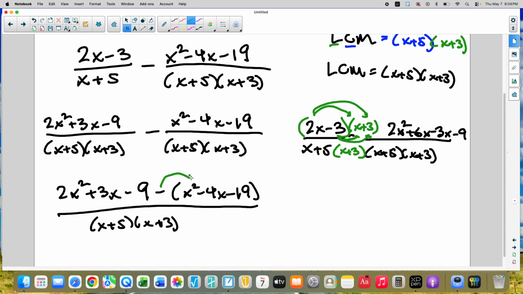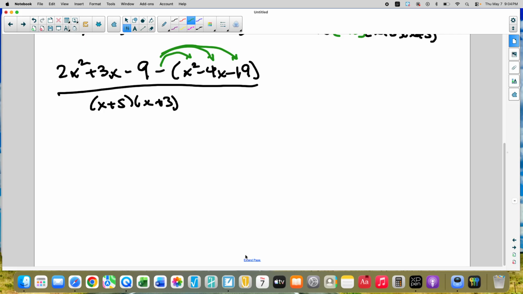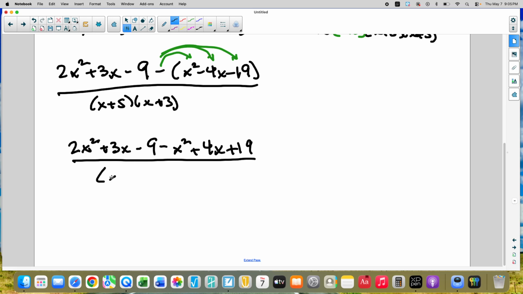This negative goes to each of these. So let's rewrite this. This is 2x squared plus 3x minus 9 minus x squared plus 4x plus 19, all over x plus 5, x plus 3.